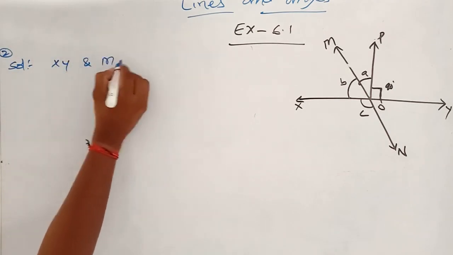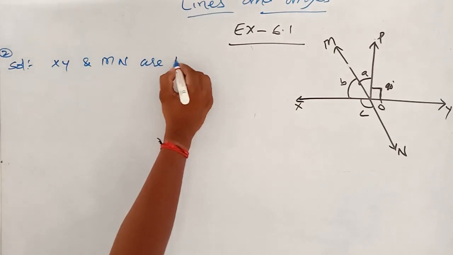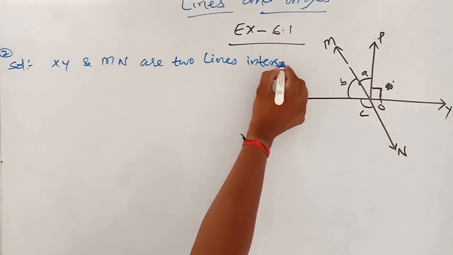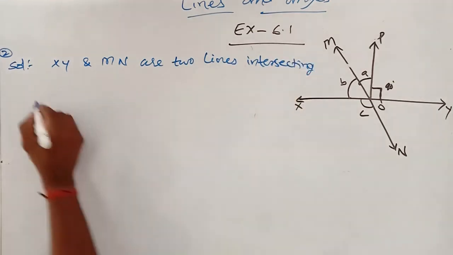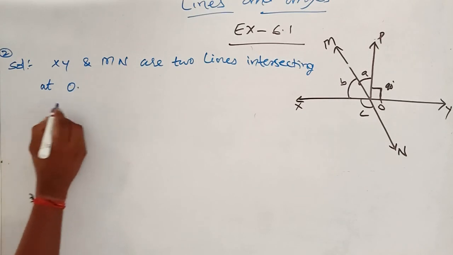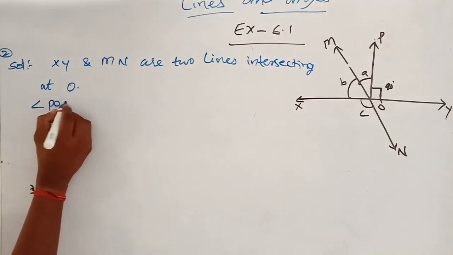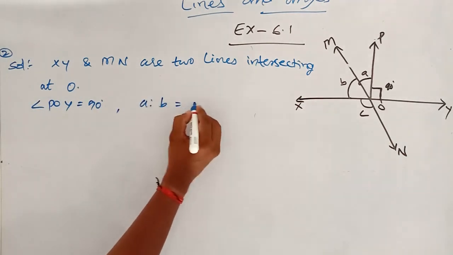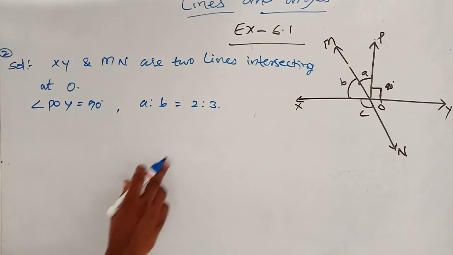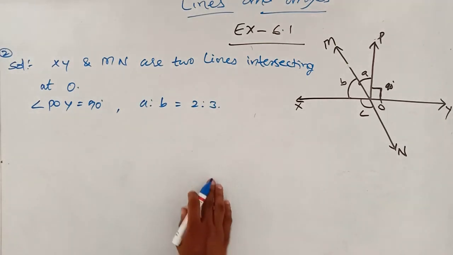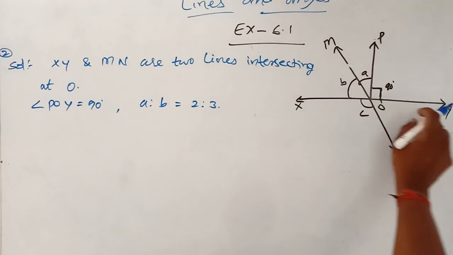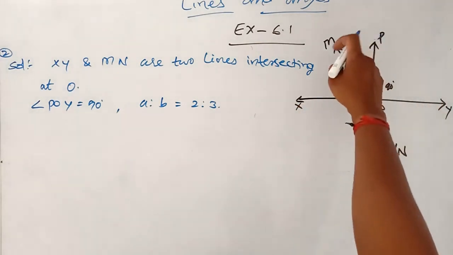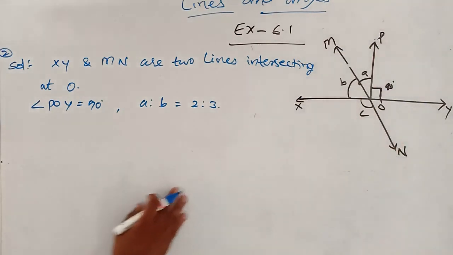XY and MN are two lines intersecting at O, and one more is given, angle POY is equal to 90 degrees, A is to B is equal to 2:3. So the ratio is given here, and clearly XOY is a straight line, hence angle POY plus angle MOP plus angle XOM is a linear pair.